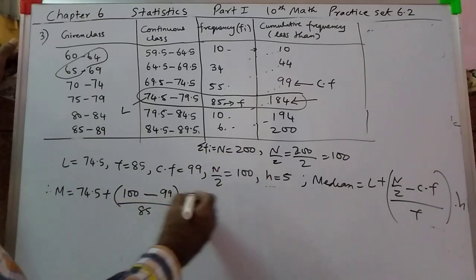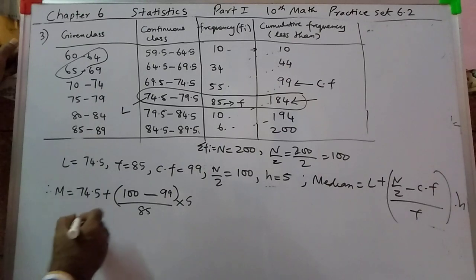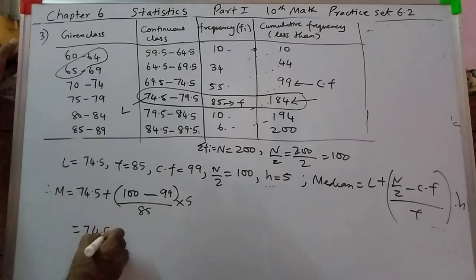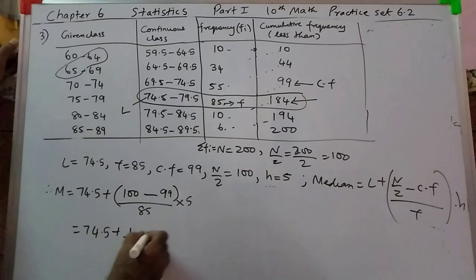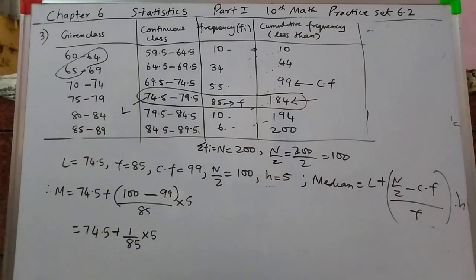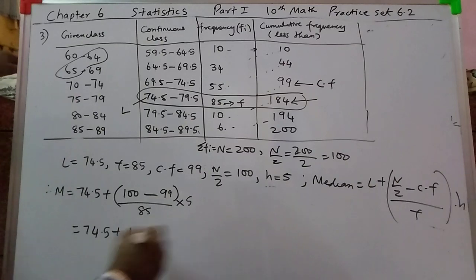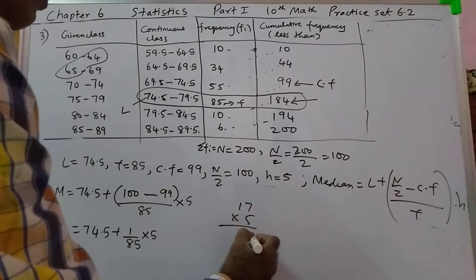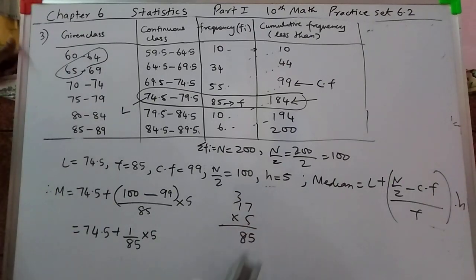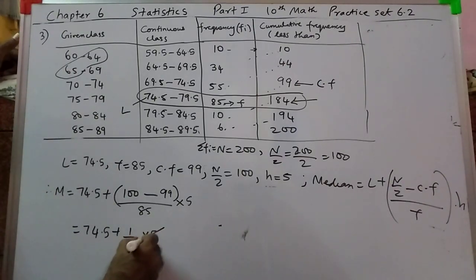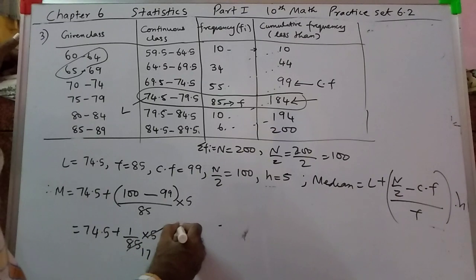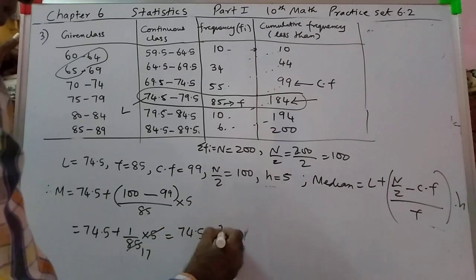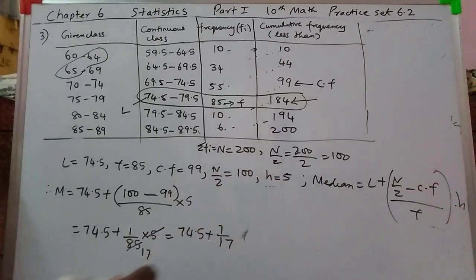So that will become 74.5 plus 100 minus 99, that is 1, upon 85 into 5. We can cancel it with 17 tables: 5 into 17. So that will become 74.5 plus 1 upon 17.